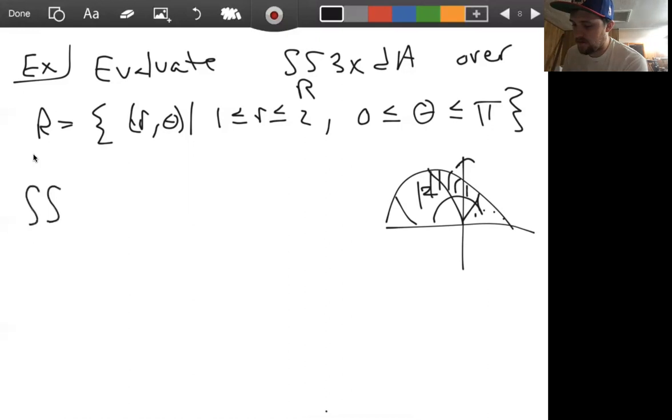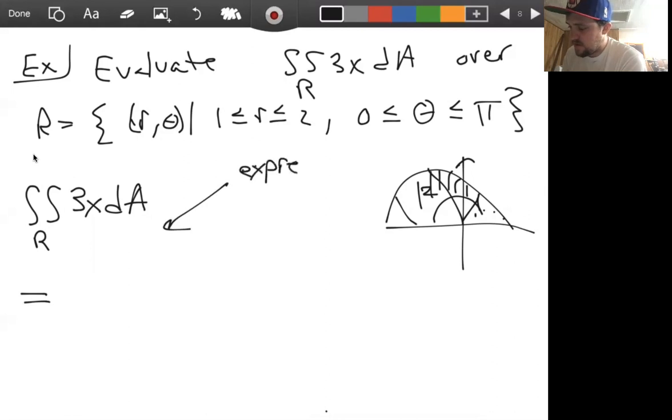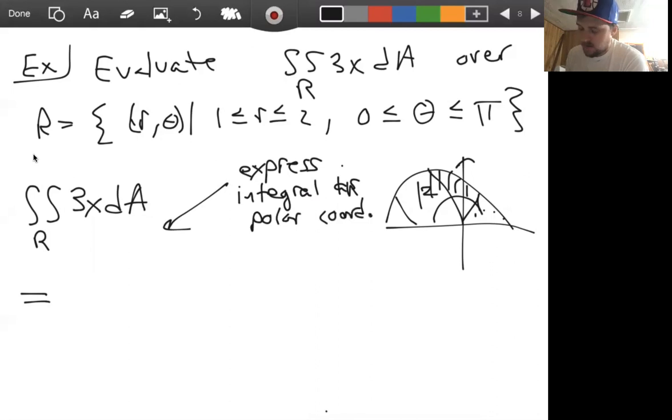And we want the integral over the region R of 3x dA. And so you can see this, as it's expressed, is in rectangular coordinates. And so we have to convert this to polar coordinates. And so the first step is to express the integral, let's say, in polar coordinates. Okay, and so this is double integral.